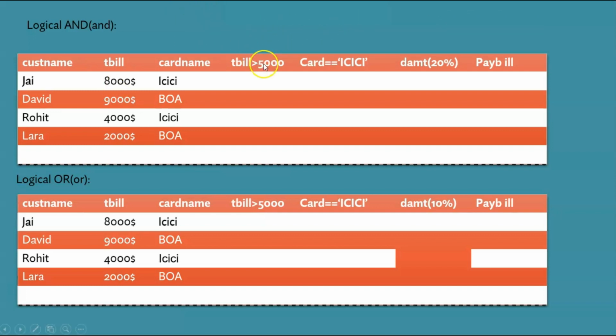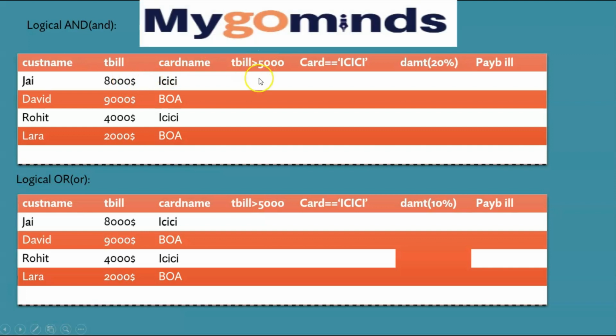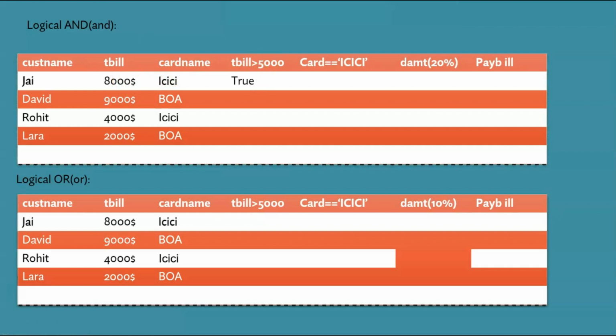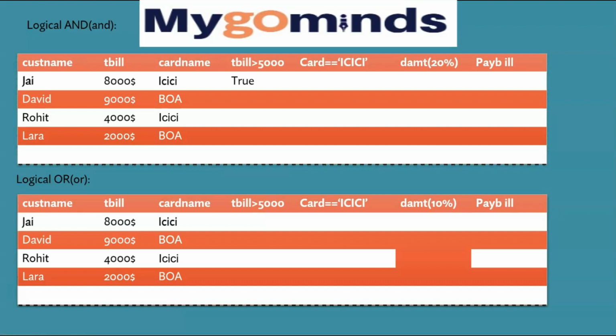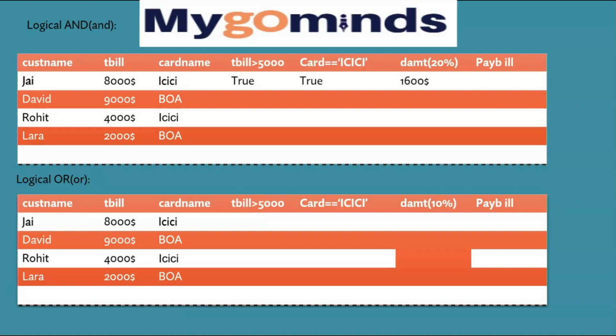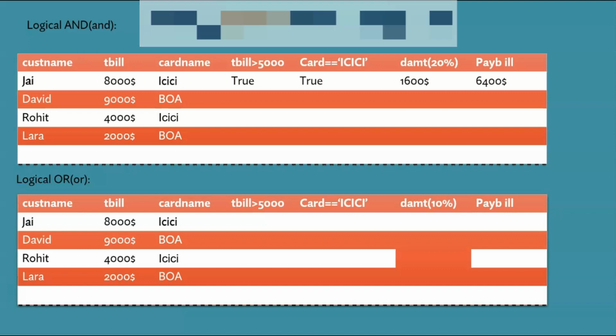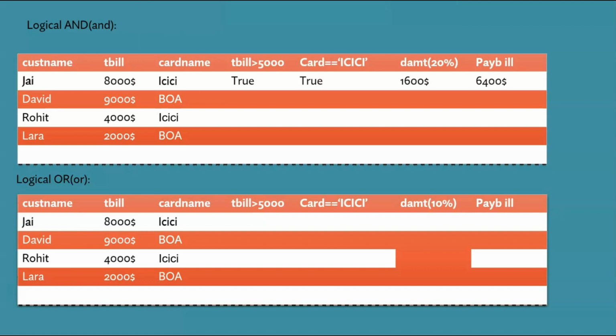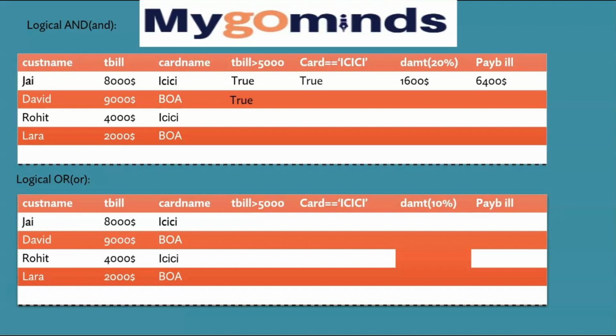The bill has to be greater than 5,000. 8,000 is greater than 5,000. True, right? And card double equals ICICI. Jay is using his card, which is ICICI, which means he gets the 20% discount and he's going to pay 6,400.